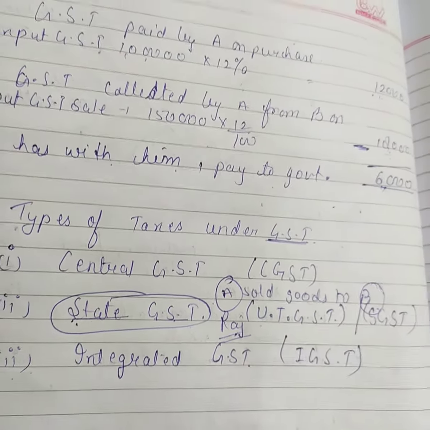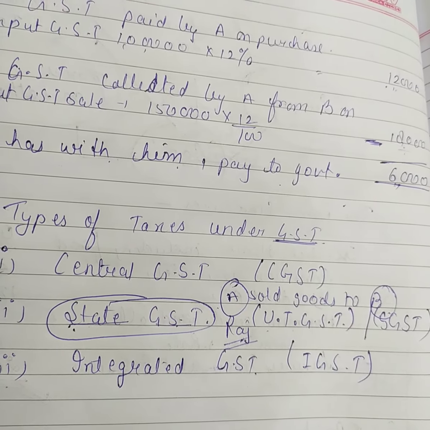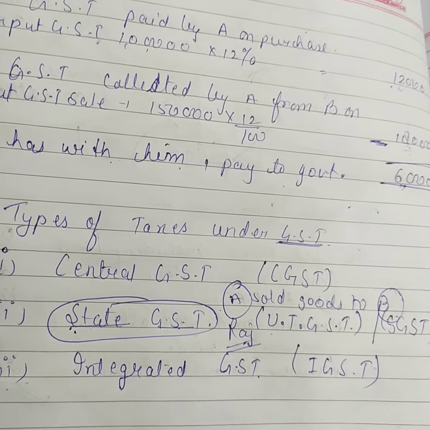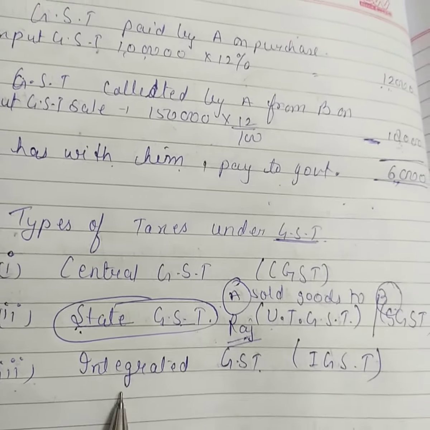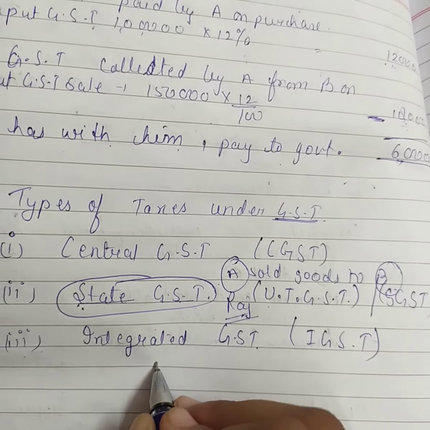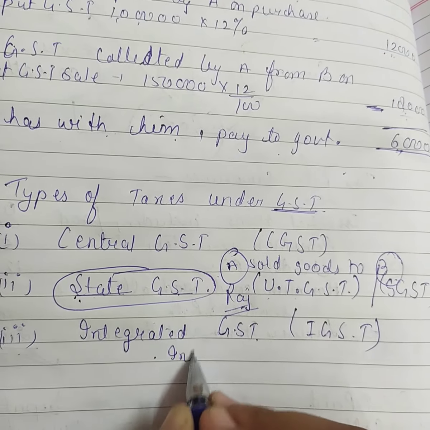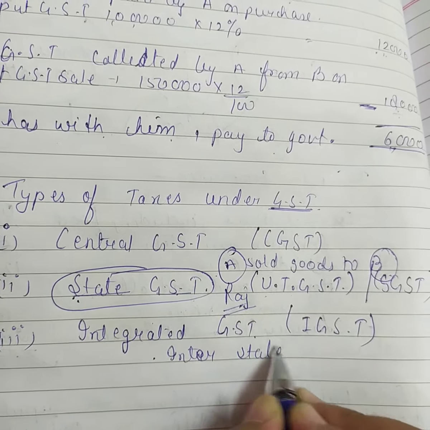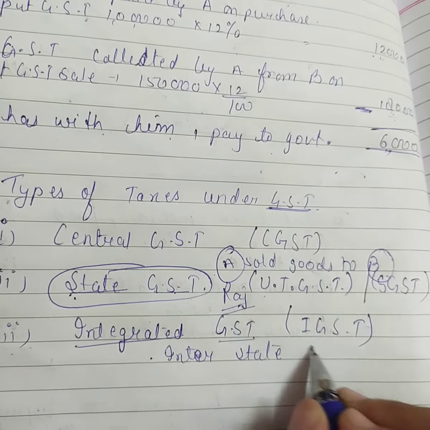It means whenever there is an intra-state transaction, SGST will be charged on it, and whenever any transaction happens interstate, then IGST will be charged.